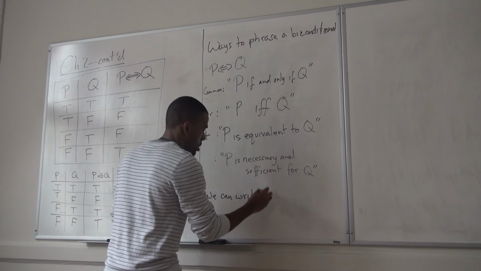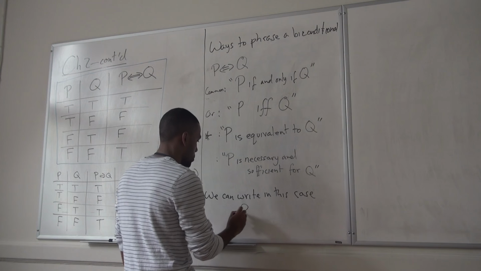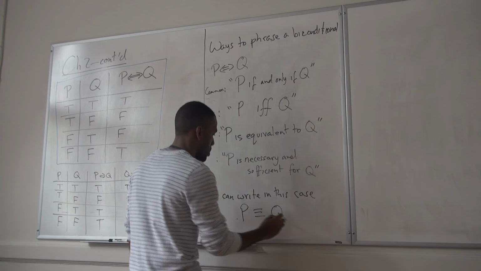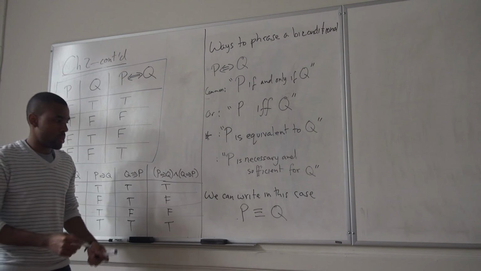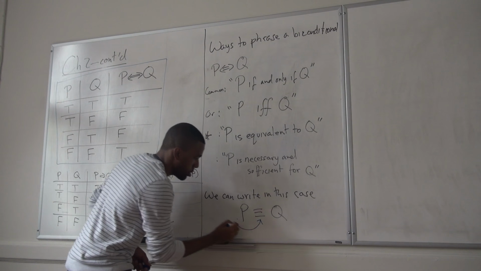We can write in this case, right, like an equal sign but with 3 bars. This is actually the symbol for equivalence.